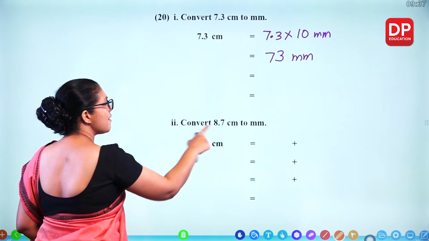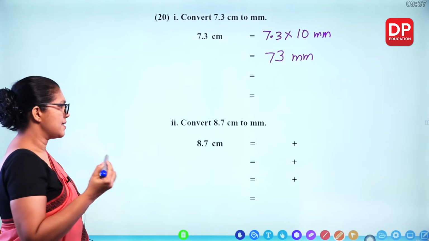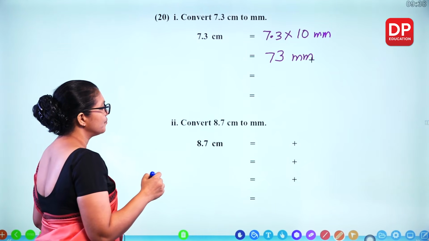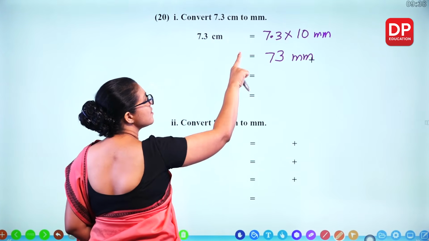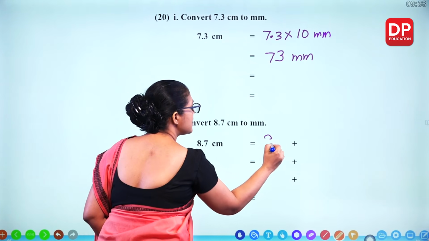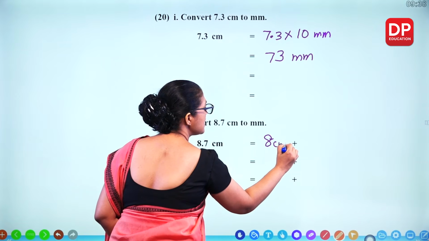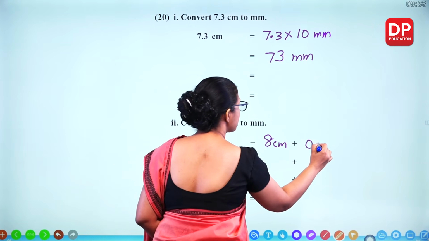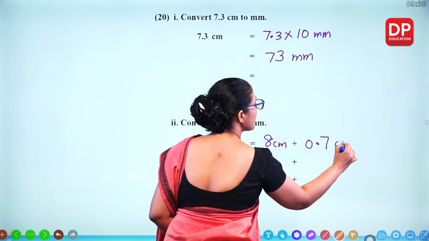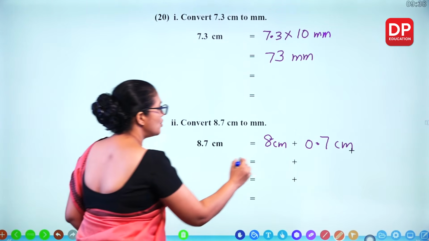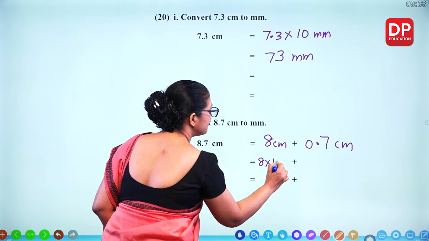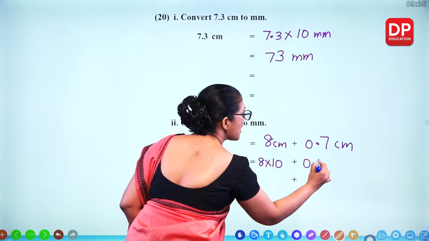Convert 8.7 centimeters to millimeters. Same thing. If you are not comfortable doing it straight away, I can write 8 centimeters and 0.7 centimeters. I can split. So what do you do? 8 times 10, 0.7 times 10.